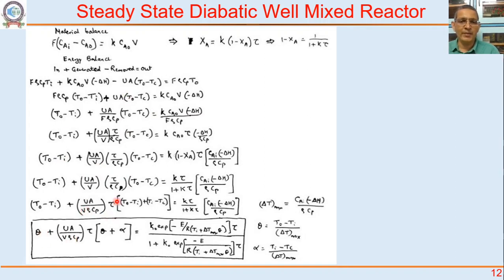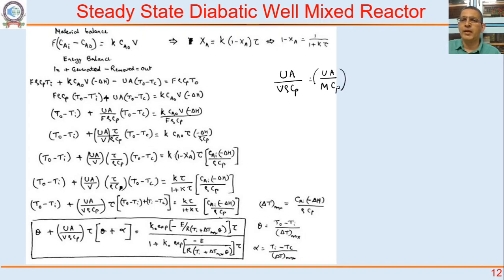Now you will see another parameter that is appearing: UA by V rho Cp. You might have studied this parameter in your heat transfer course. V into rho is nothing but mass of liquid in that reactor, so UA divided by m Cp.